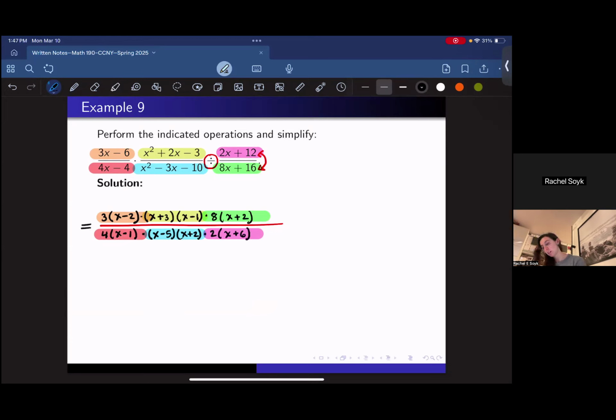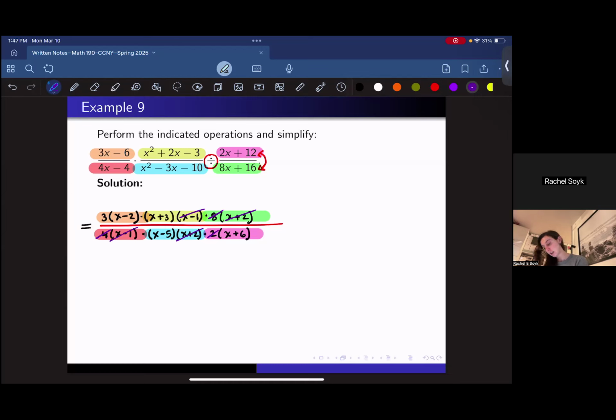Great. Let's see if we can cancel out some stuff. Well, we have a 4 and a 2 in the denominator here, and 4 times 2 gives you 8, and we have an 8 in the numerator. So all of these can cancel out. And then we have an x plus 2 in the numerator, x plus 2 in the denominator. Good. We have an x minus 1 in the numerator, x minus 1 in the denominator.